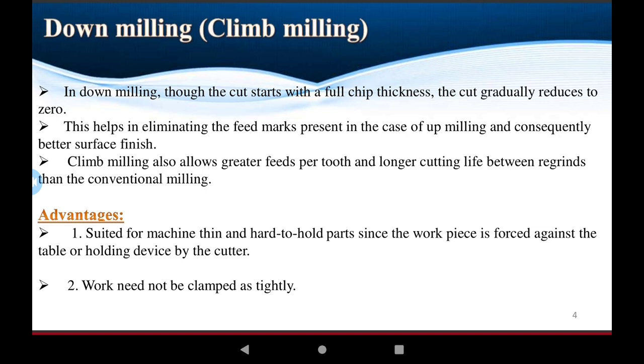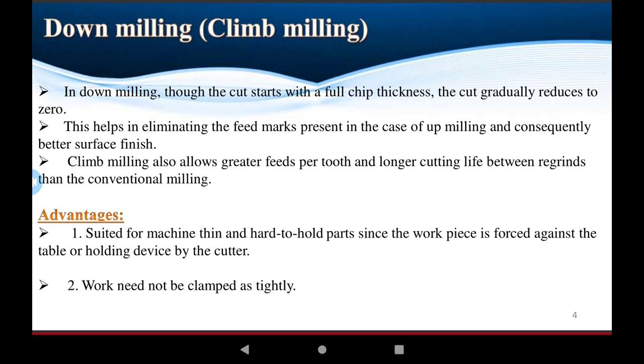It suits machines, thin and hard-to-hold parts, since the workpiece is forced against the table and holding devices for the cutters. Support is also provided to the jobs and tables, and the holding devices are used to support the machines and other elements.